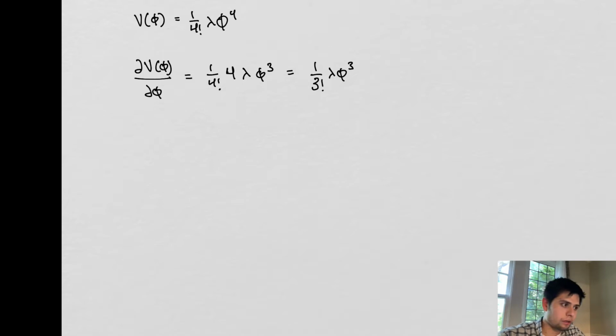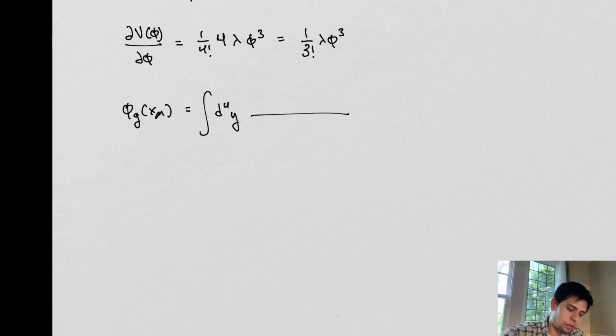And similarly, our general solution to our Klein-Gordon equation looked like this, where we have the height of each delta function as being this, dV/d phi, and then our special functions that constructed our delta functions.